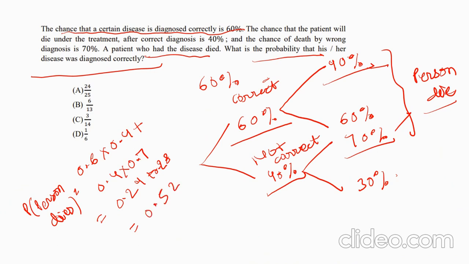Now, what we want to find is, given that the person who had the disease died, what is the probability that his or her disease was diagnosed correctly?